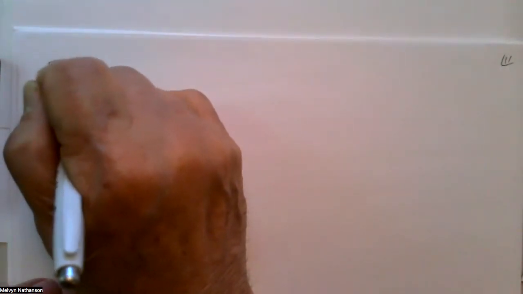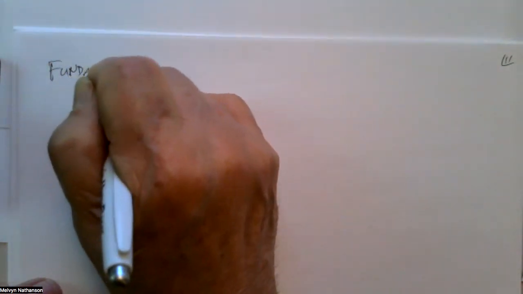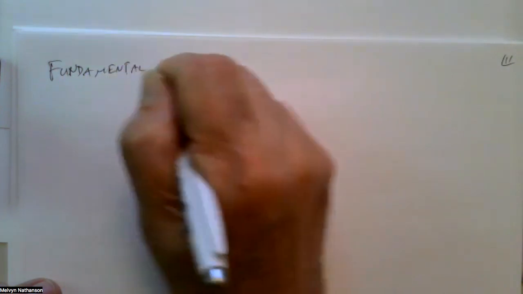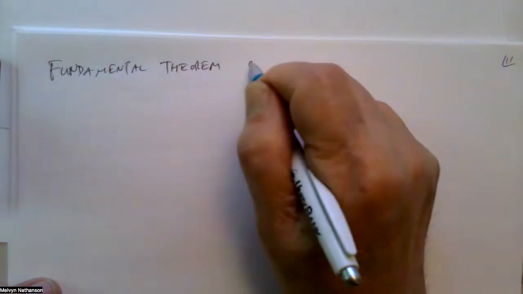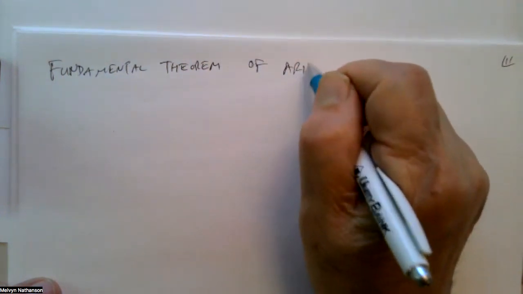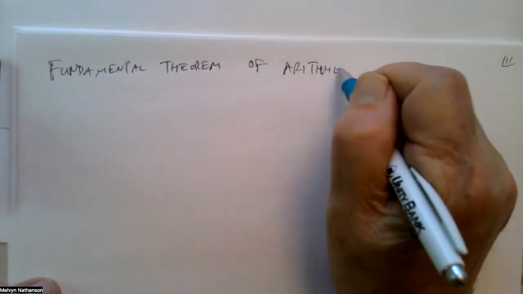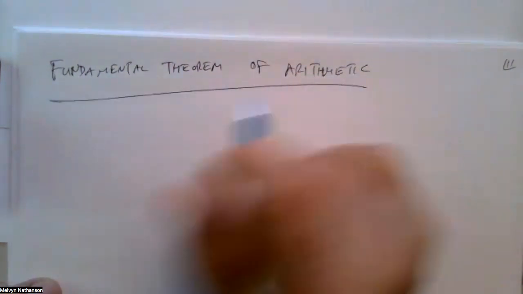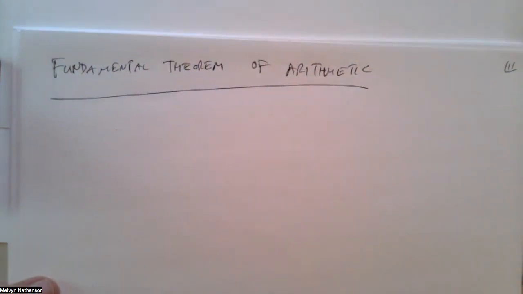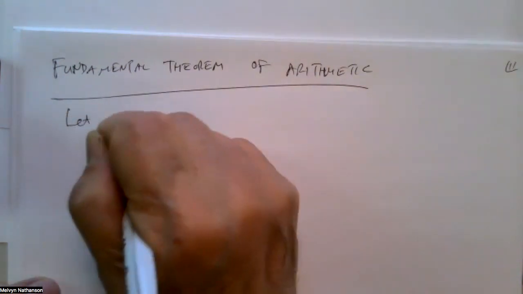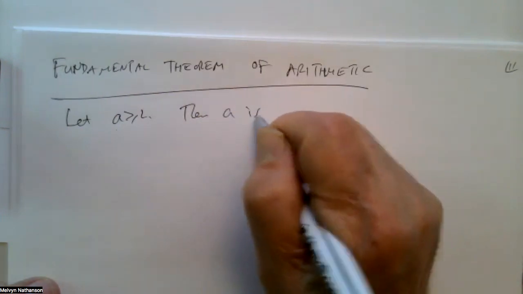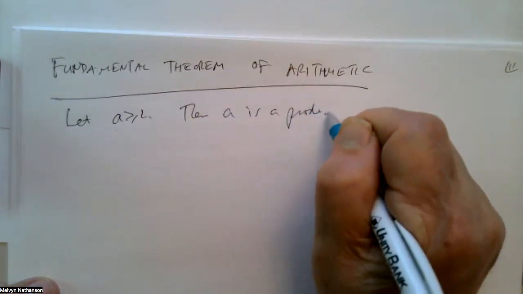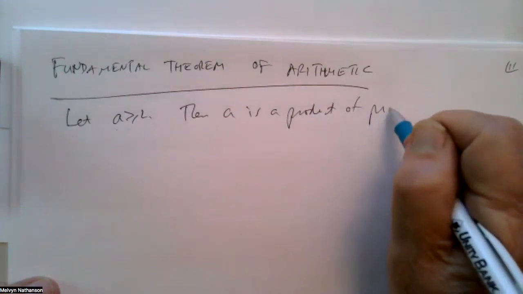This is really all one needs to prove what is called the fundamental theorem of arithmetic. It says the following: if A is greater than or equal to 2, then A is a product of prime numbers.